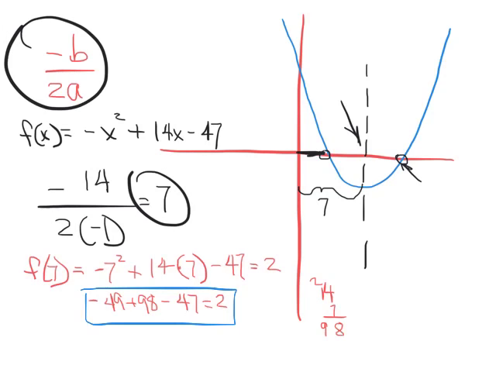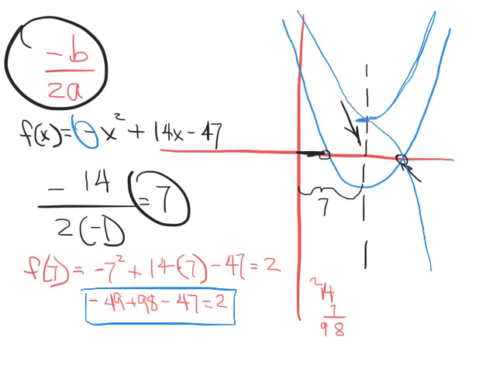So actually my blue line that I have up here is incorrect, because my vertex is actually, I'll do it with blue again, my vertex is actually here, 7, 2. So what's the problem with that? Well, the main problem is that this is a negative sign, so it should be upside down.